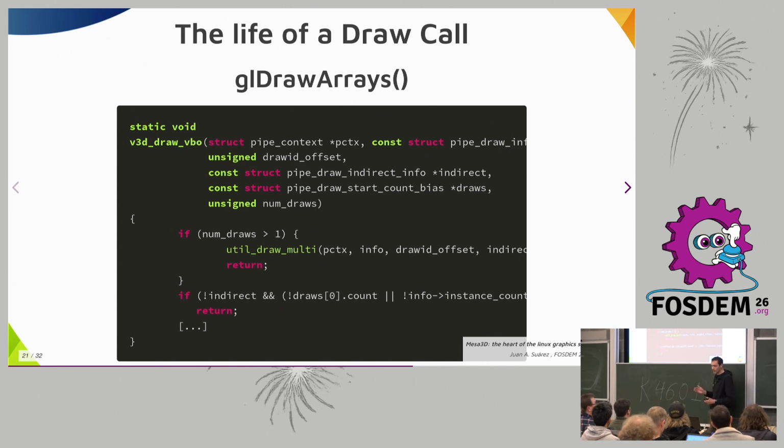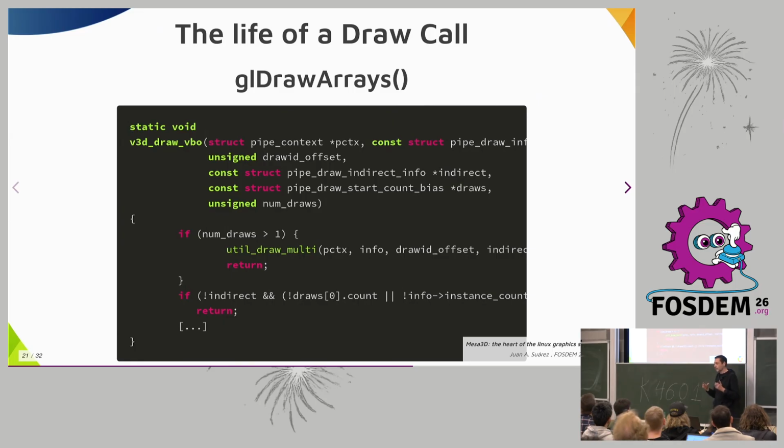From this moment on, each driver handles the operation really depending on the GPU. So each driver has implemented it in different ways. And I'm going to show how the V3D driver does it. But more or less, the outcome is quite similar for all of them.